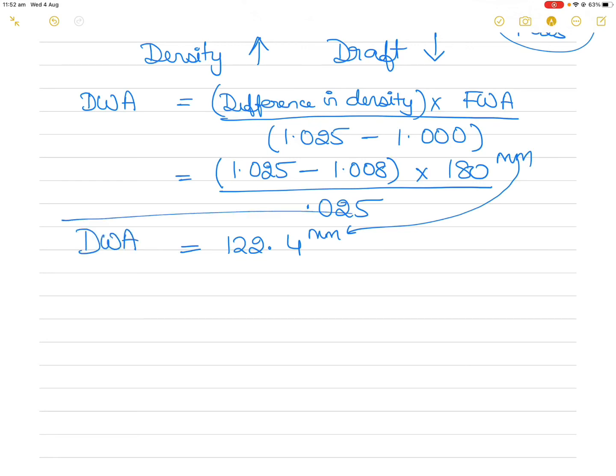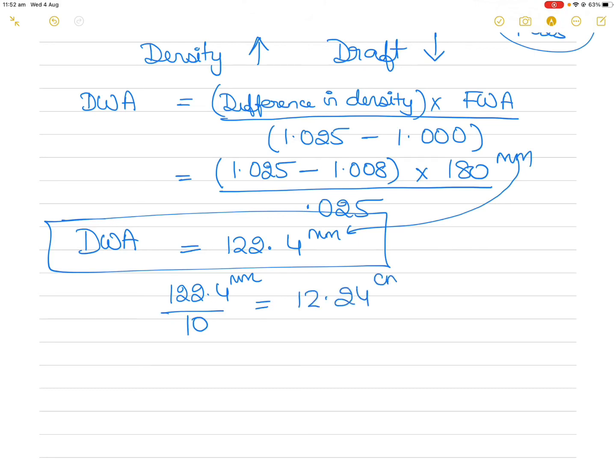This is the amount by which the vessel will rise in this case. It will rise, making the draft lower. Depending on what the examiner asks you, you can convert this into centimeters by dividing millimeters by 10, which will give you 12.24 centimeters.